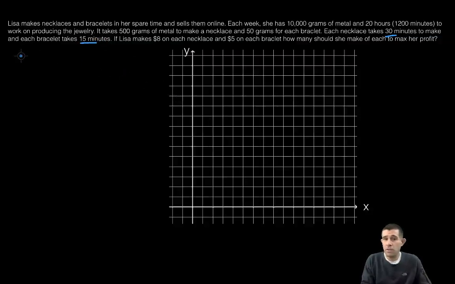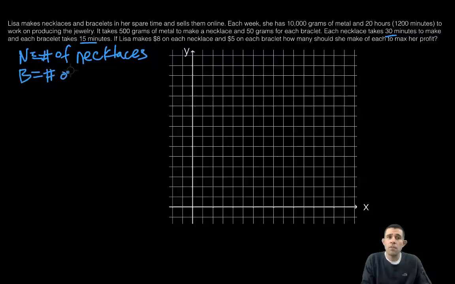Let's start off by identifying our variables. N is going to equal our number of necklaces. All right, and B will equal our number of bracelets. Now, next, we're going to come up with a linear system of inequalities that function as our constraints.